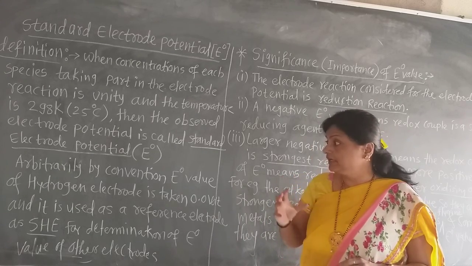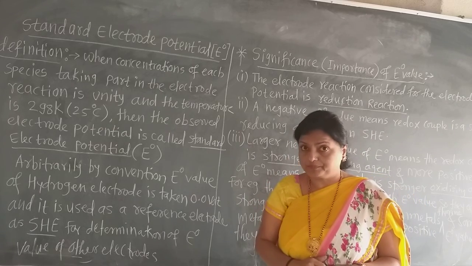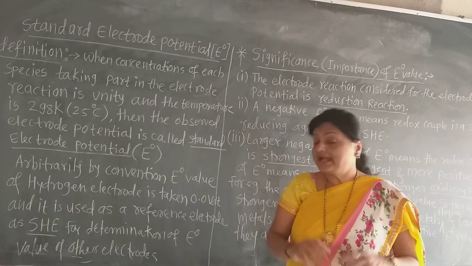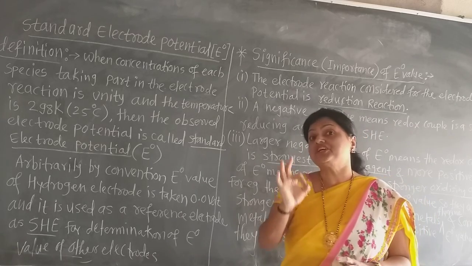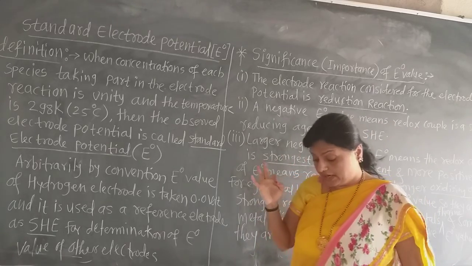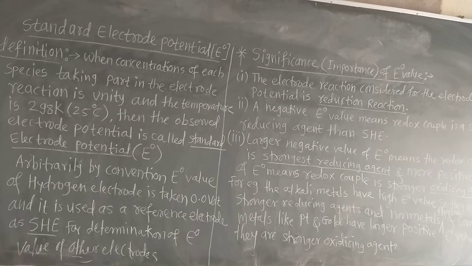If we dip the gas hydrogen electrode into that solution, then it is called the standard hydrogen electrode, and the temperature is maintained at about 298 Kelvin. That electrode is called the standard hydrogen electrode, and its standard electrode potential is arbitrarily taken as 0.